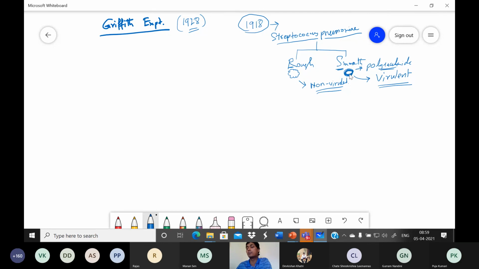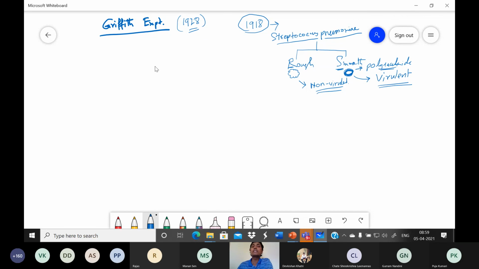That's why this bacteria is smooth, and that helps it escape our immune system. So our immune system cannot handle the smooth bacteria properly, and as a result, it can cause disease in our body. But with the non-virulent rough one, our immune system can handle it properly, and as a result, it cannot cause the disease. This is what I told in context to a human individual.